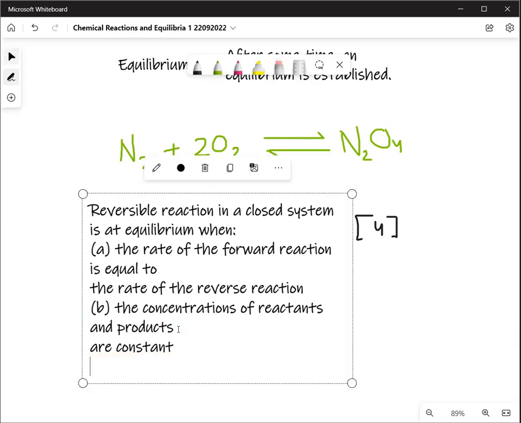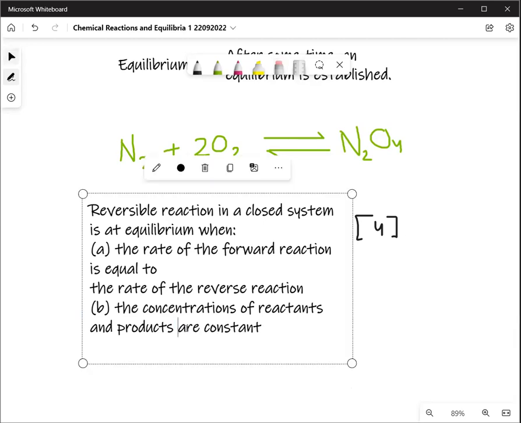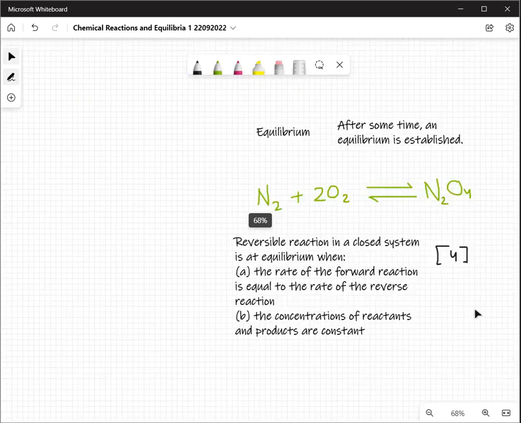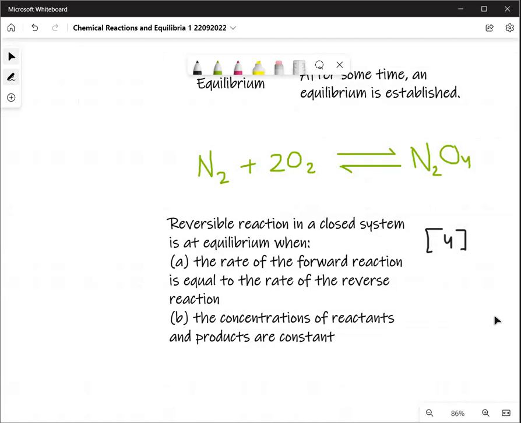Sir, can you show the thing for equilibrium and scroll a bit up? I want to see this.